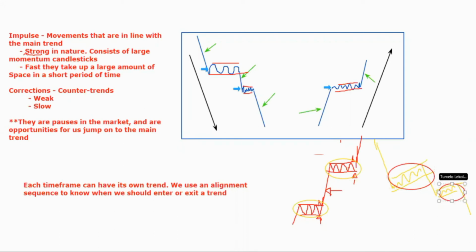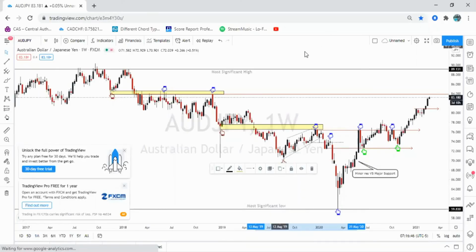So now I want to demonstrate on a live chart. For this example, we're going to be using AUD-JPY. So you can see that this is your correction, impulse, correction, and then your major zones are the ones that cause your trend reversal.